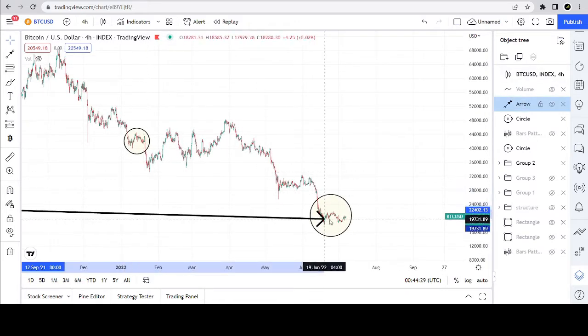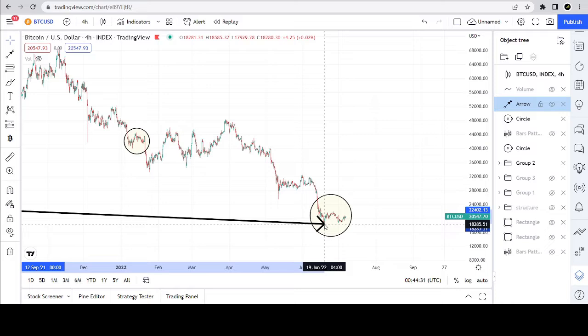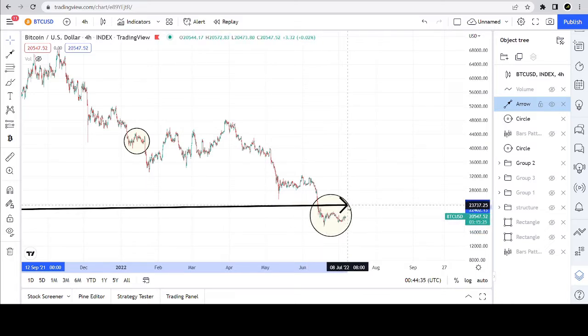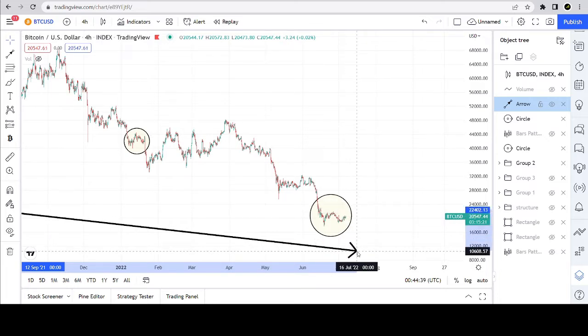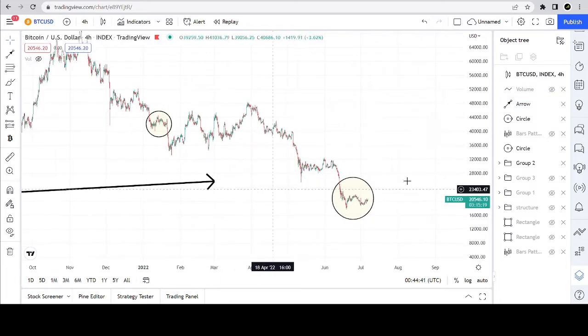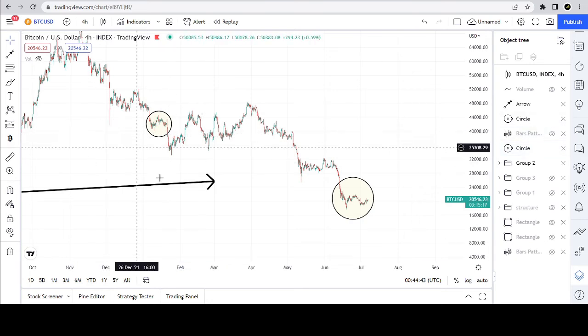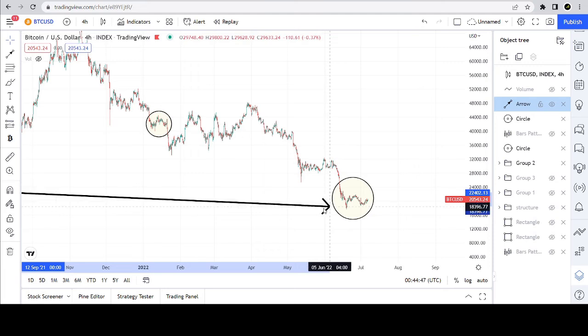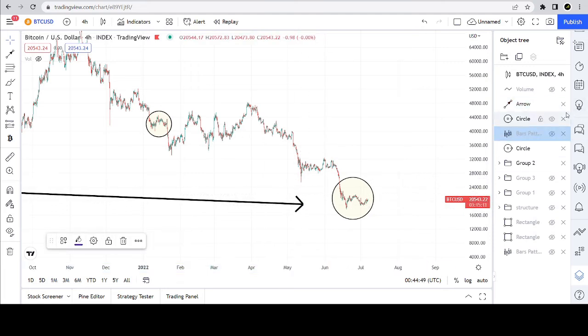So what we should expect is this to produce a nice little pump up, but it's actually just a pump and dump.